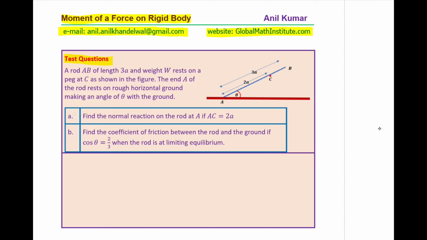Part A of the question is, find the normal reaction on the rod at A if AC is 2A. So if from A to C, this distance is 2A, find the reaction at A. Part B is, find the coefficient of friction between the rod and the ground if cos theta is 2 over 3 when the rod is at limiting equilibrium.